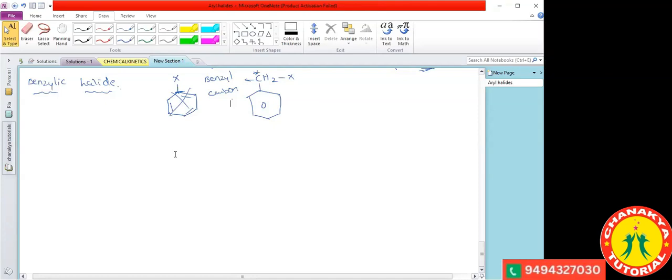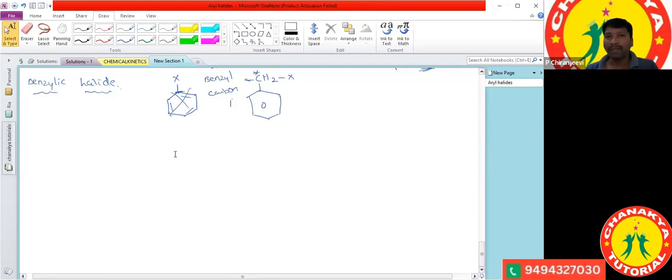Halogen attached to carbon hybridization means you will get sp3 hybridization. So this kind of question they also ask. Is that clear for everyone?